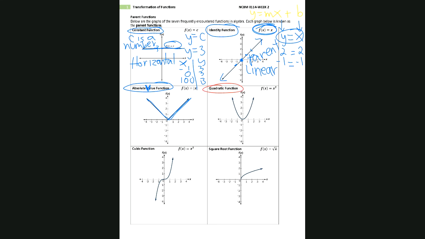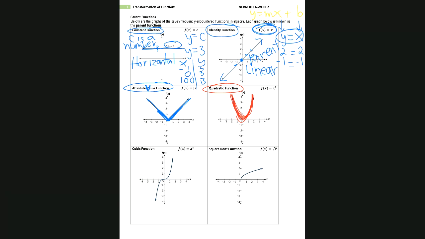It does have that turning point, but we refer to that turn as a smooth turn, as opposed to the one with the absolute value, which is considered a sharp turn. When you guys take calculus, this becomes very, very important: those smooth corners or turning points and those sharp corners.